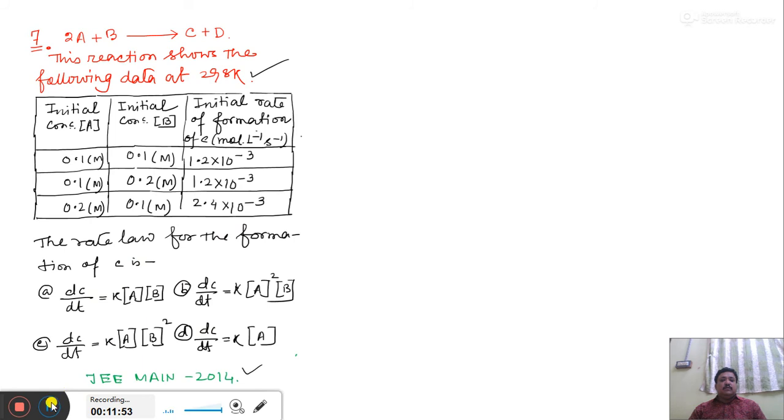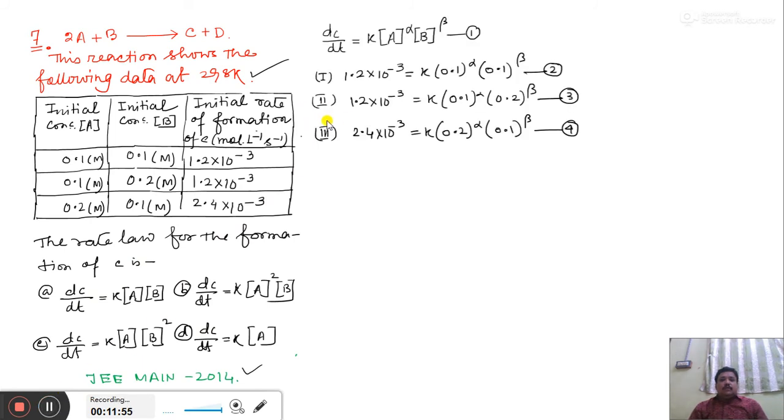Now to solve this problem, we can write dC/dt is K into A to the power alpha into B to the power beta. Now from the first experiment, we can write 1.2 into 10 to the minus 3 is equal to K into 0.1 to the power alpha into 0.1 to the power beta, equation 2.